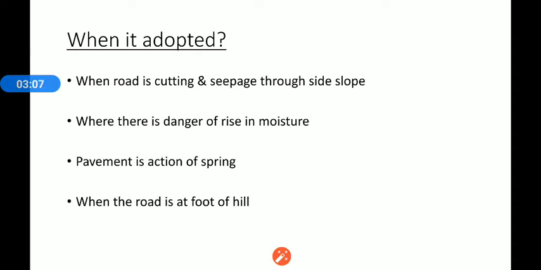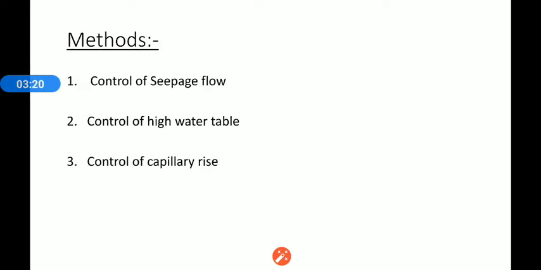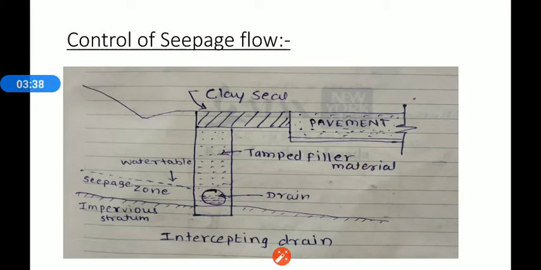This is achieved by providing subsurface drainage to lower the groundwater table or by providing a granular subgrade. Now let's see the methods. In subsurface drainage there are three methods: first, control of seepage flow; second, control of high water table; and third, control of capillary rise. Now let's see them one by one.